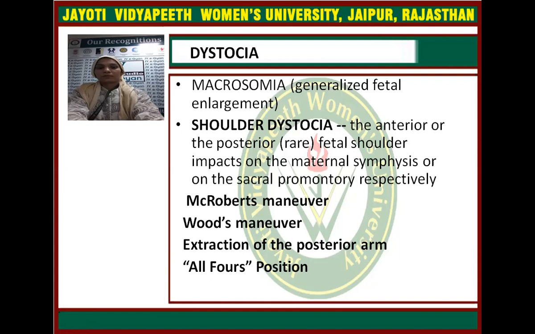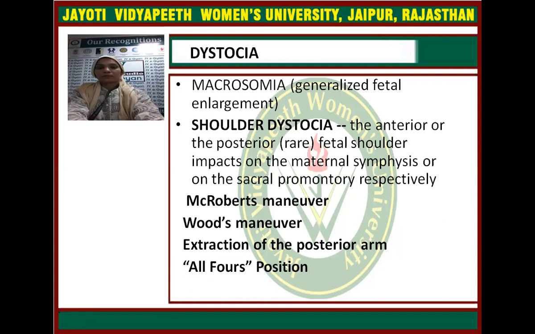This will straighten the lumbosacral angle and rotate the maternal pelvis upwards, and it increases the anterior-posterior diameter of the pelvis, so it is generally successful in many cases. Suprapubic pressure must be applied in this position. This procedure has to be done first, and if it is not working, then other maneuvers should be applied. The next one is the Woods maneuver.